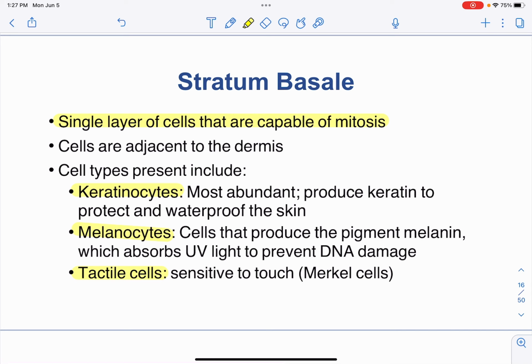They are sensitive to touch, and they relay that information to our brain. So that is the stratum basale, what it is and what its functions are. And these are a single layer of cuboidal cells.